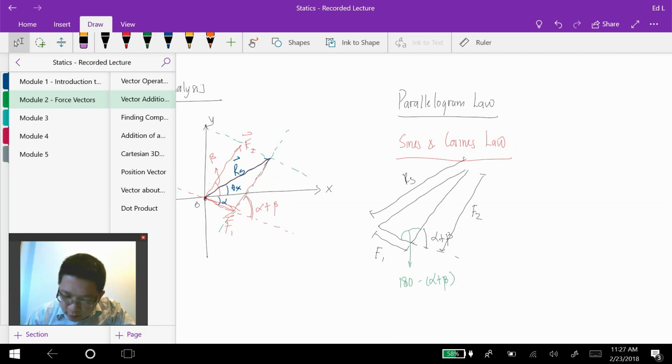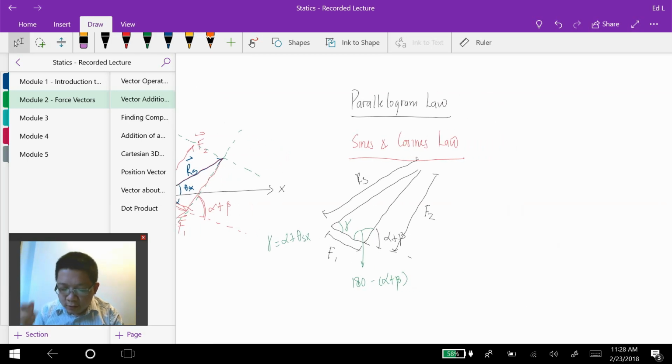And this angle right here we can call gamma, where gamma is equal to alpha plus theta as x. Applying the cosines law, we can calculate Rs as square root of F1 squared plus F2 squared minus 2 F1 F2 cosine of 180 minus alpha plus beta.